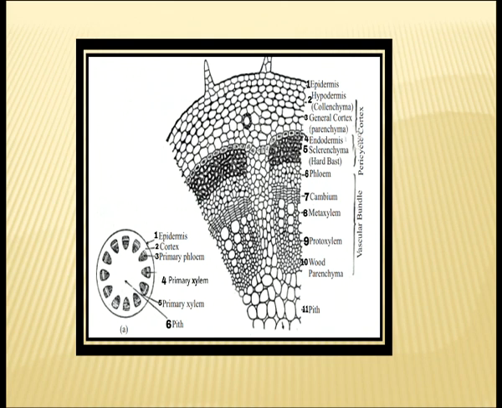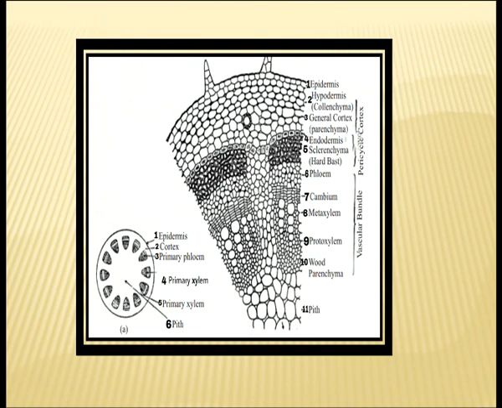The epidermis is the outermost covering, and the scales you are seeing are multicellular hair-like projections. You remember, in roots we have unicellular hairs, but in the stem we have multicellular ones. You can see the division of cells, and so many cells make one scale.